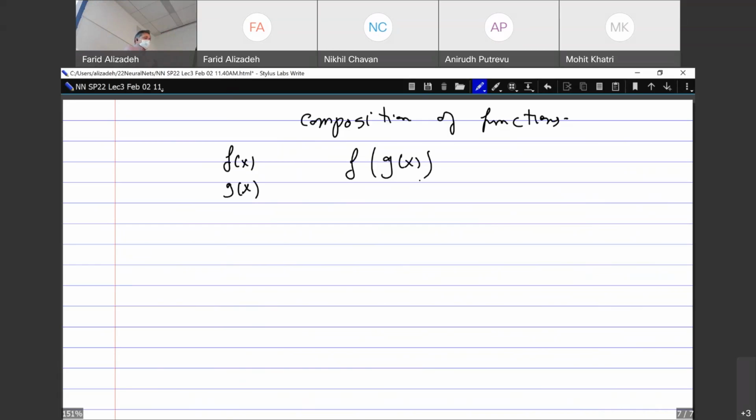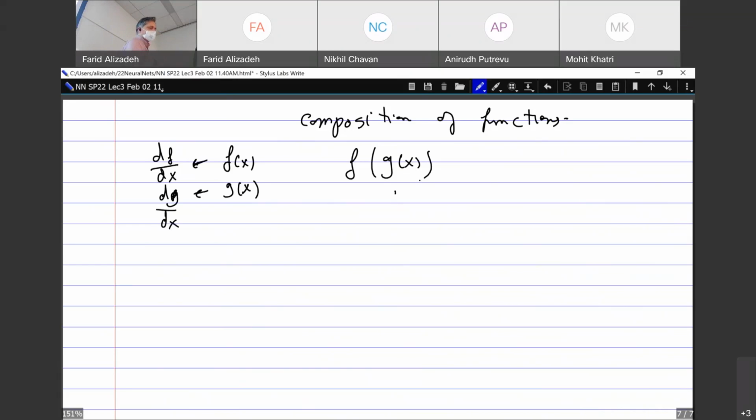Suppose in the single variable case, and you have to remember a little bit of your calculus here, I know the formula for the derivative of this one, and I know the formula for the derivative of that one.